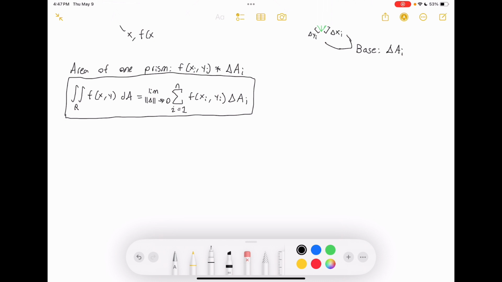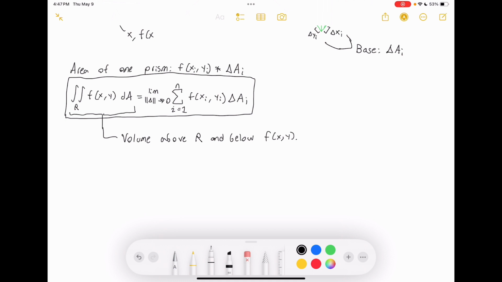Now, this same block right here is also equivalent to the volume. That represents a 3D thing: the volume of a solid region that is above that constraint R and below our f of x, y.